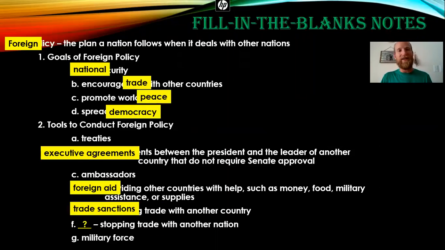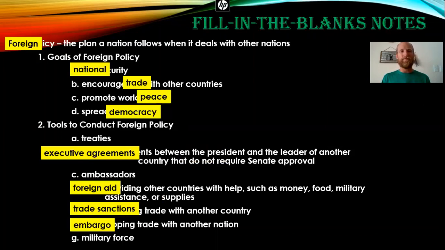For example, for trade sanctions, which is restricting trade or limiting trade with another country, this could be done by just us, the United States, restricting trade with another country, or we could join in with a lot of our allies, and together we can restrict trade with another country.